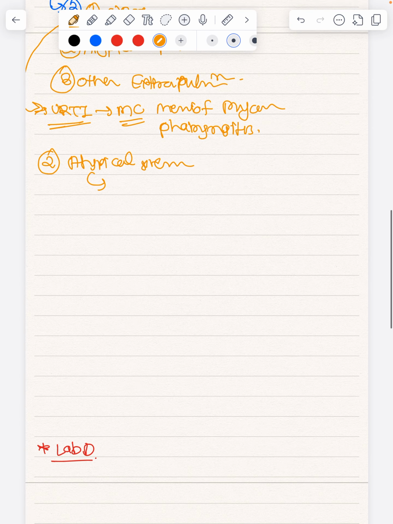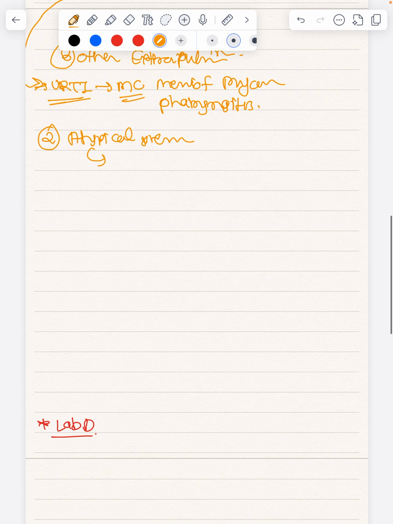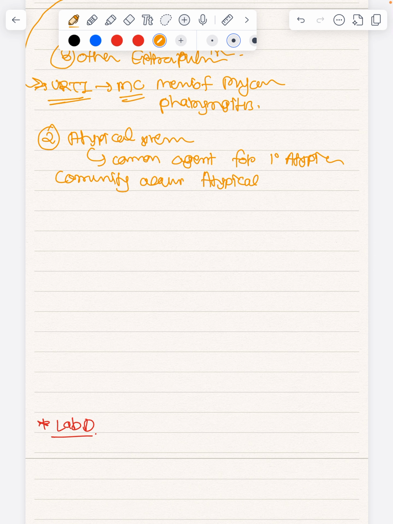It is one of the common agents for primary atypical community acquired, or interstitial, pneumonia.